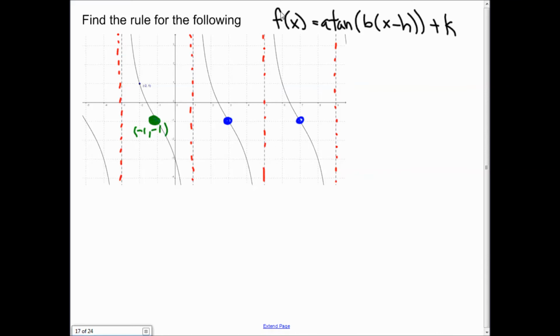So the first thing we're going to do now is write down our function rule as defined with the h and k that we just used. So we're going to write this down as f of x is equal to a tan of b times (x minus -1), so that's x plus 1, minus 1. And now what we have left to do is find the value of a and find the value of b.